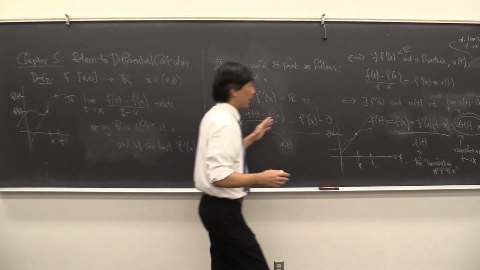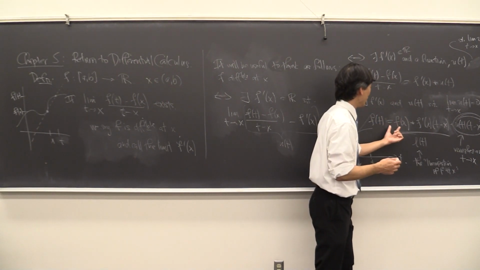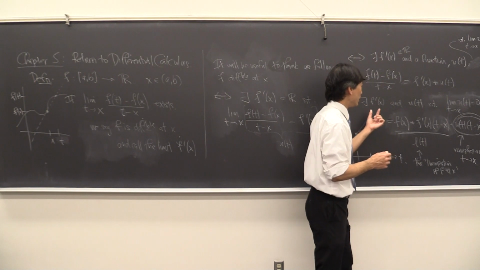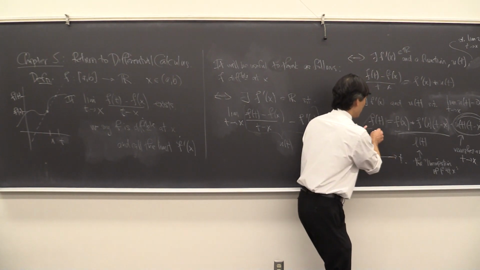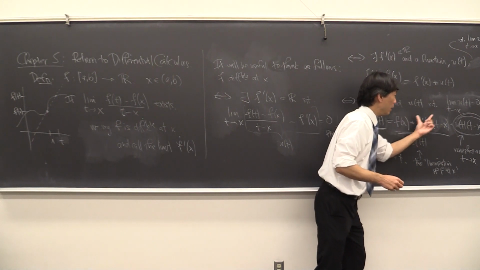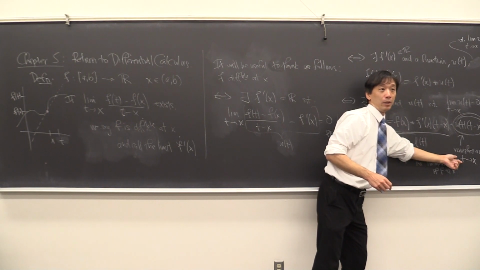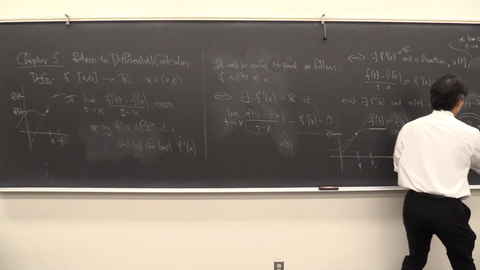But equivalently, and an even better way of viewing it, it means that your function can be written as the tangent line plus something that vanishes as t goes to x. So you think of this thing as some sort of error.